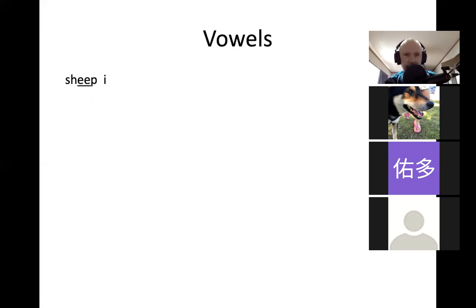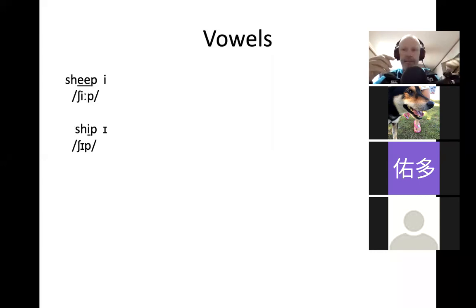And then vowels, let's do quickly. Sheep, E, sheep. Of course, Japanese phonology doesn't have the distinction between ship and sheep, but British English does, and American English does, in fact. So you've got the difference there. The E is kind of pulled out more: sheep. And then ship, kind of flatter.